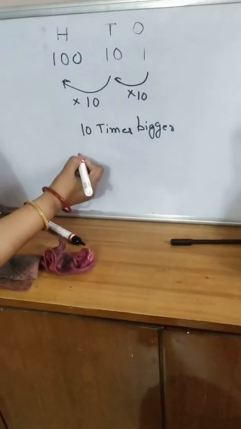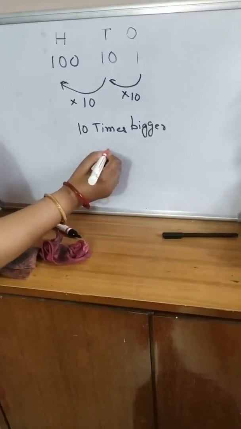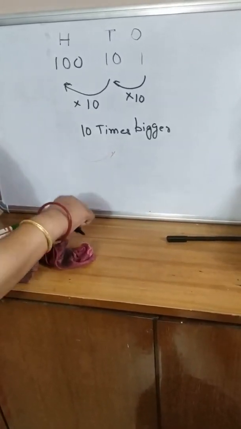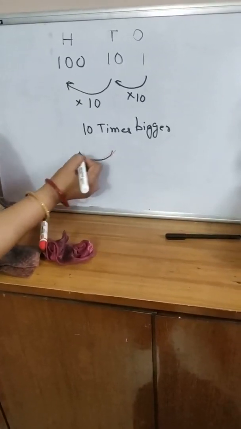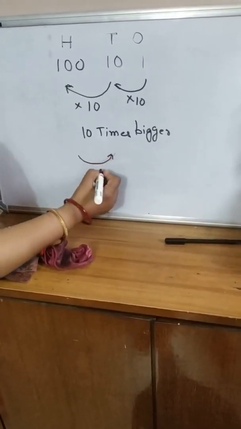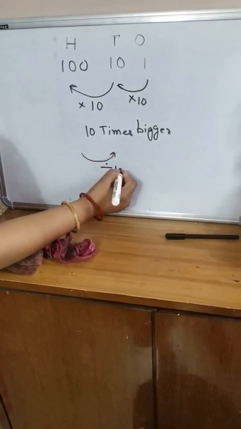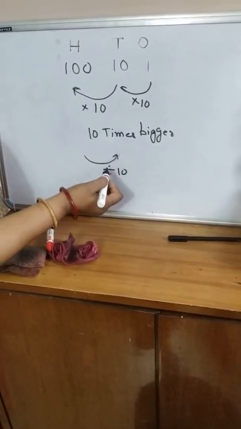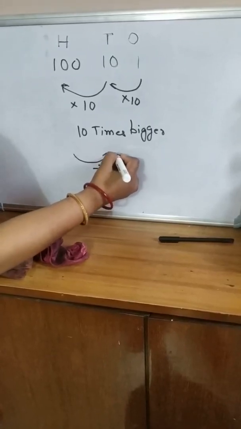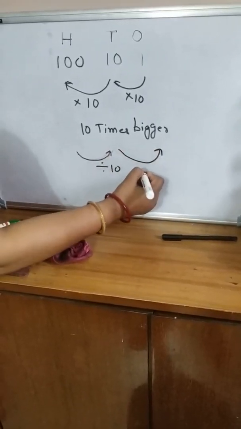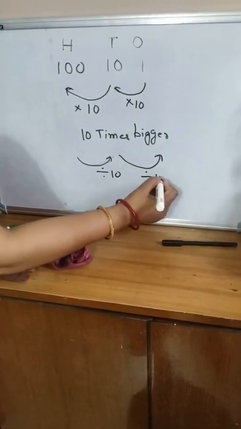If we move from left to right, now I have to divide by 10. When I divide by 10, I go to the tens place. When I want to go from tens to ones place, again I have to divide by 10.